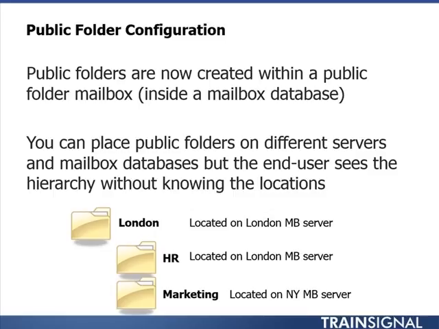There's a subfolder, HR, in London, located on the London mailbox server. There's a marketing folder that is actually located on a New York mailbox server. So when the end user is looking and sees the structure, it looks as if that marketing folder is also in London. But it's not. It's actually located in New York.